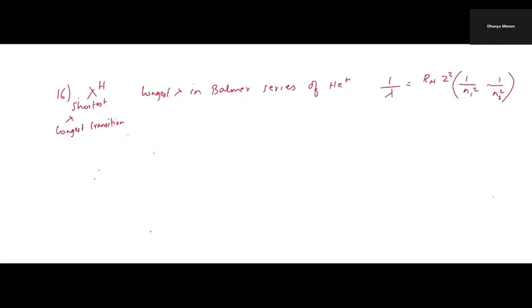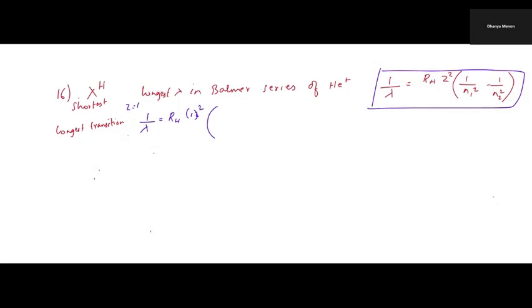For hydrogen, Z is equal to 1. So 1 by lambda is equal to RH times 1 square, and the shortest wavelength means the transition from infinity to 1, so 1 by 1 square minus 1 by infinity square. I'll keep this as equation 1.